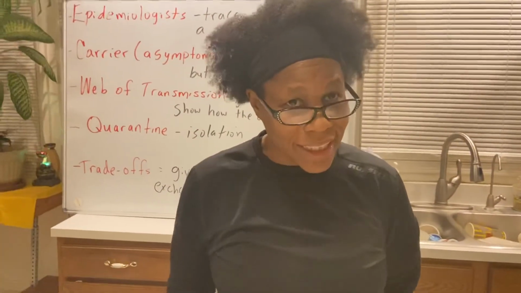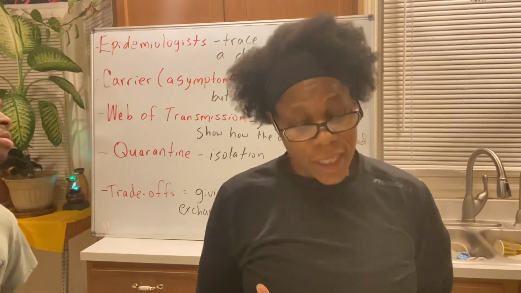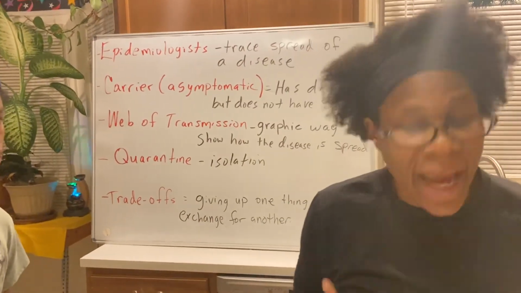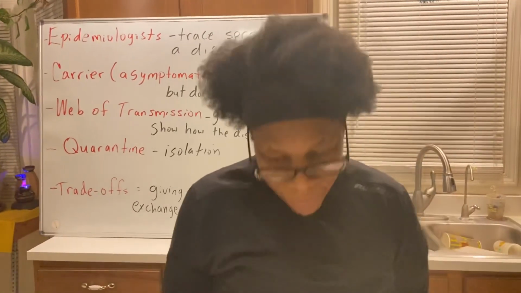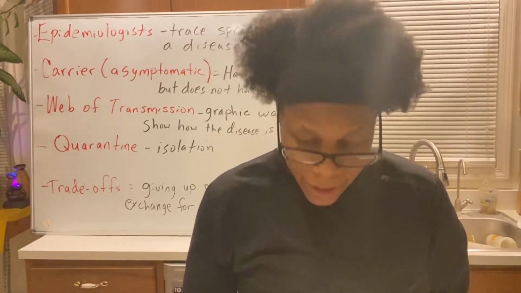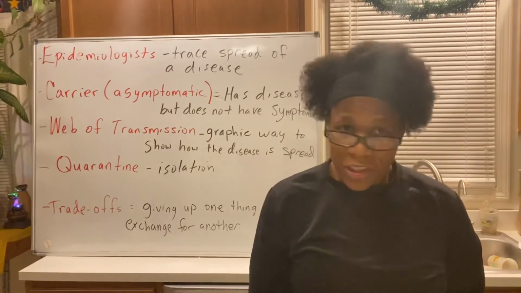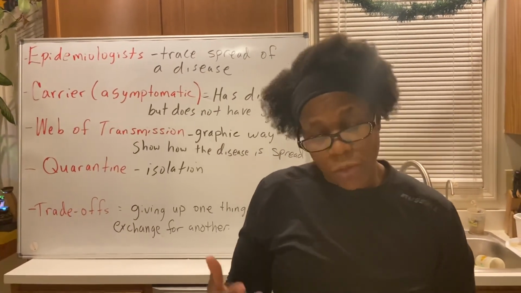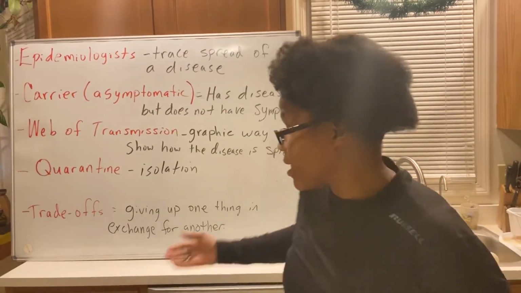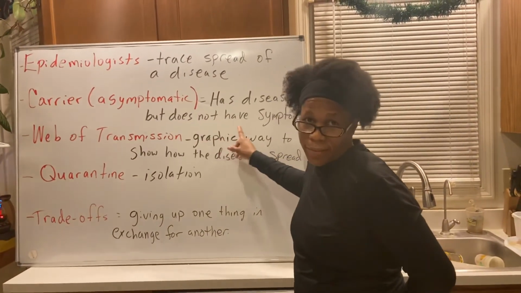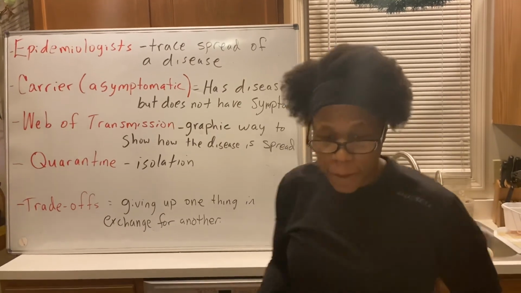They feel great, but they have the disease, so they still can pass it on to people, even though they don't feel like they have it. In the case of our coronavirus, this is one reason why we're stressing wearing masks, right? So that if you are asymptomatic, you feel great, but you still can pass it on to somebody else, okay?